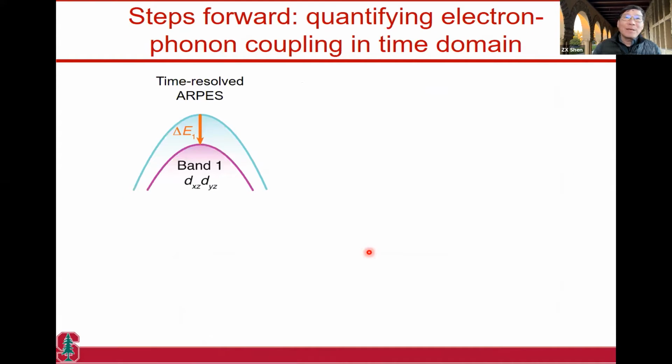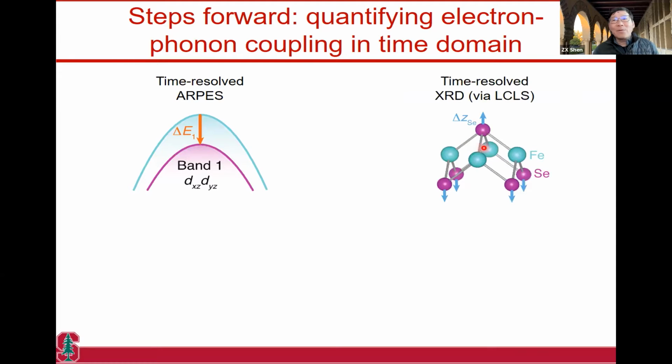So this leads me to the work we did using a time-resolved experiment. In the time domain, you can possibly do some experiment to achieve a precision which is not possible otherwise. So that was our goal. So the idea is that I'm going to move this selenium height up and down through some sort of excitation. Okay.